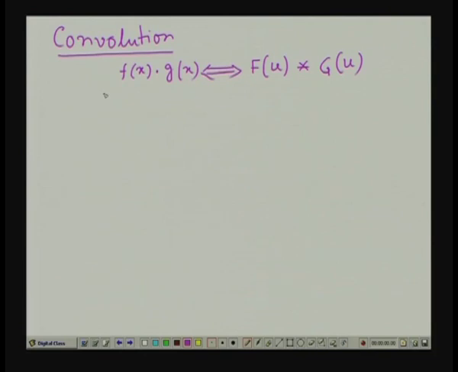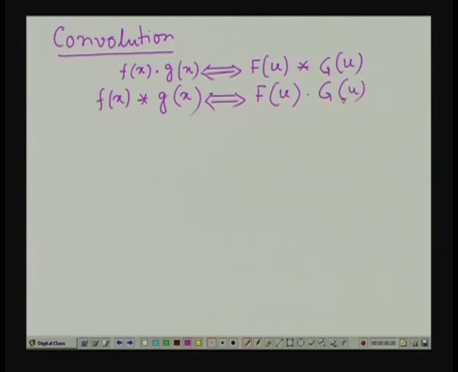Similarly, if I take the convolution of two signals f(x) and g(x), the corresponding Fourier transformation in the Fourier domain will be the multiplication of F(u) and G(u).